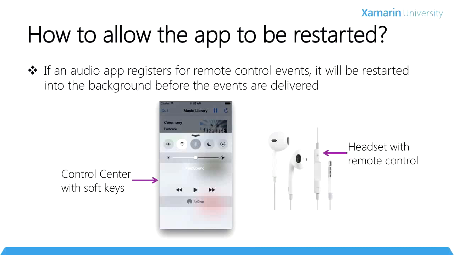That can either be the control center, as here on the left screenshot, or it can be the headphones. Headphones often have these remote controls. If you press once the center button, it will start playback. If you click twice, it's going to stop. If you press 3 times, it's going to rewind. So this will trigger an event, and we can react to these events even if our application has been terminated.